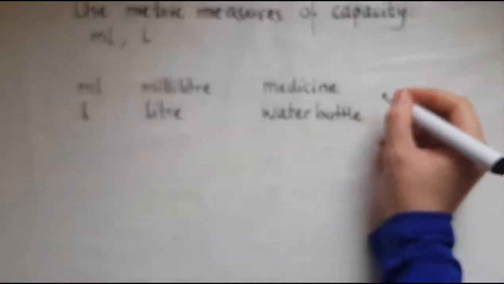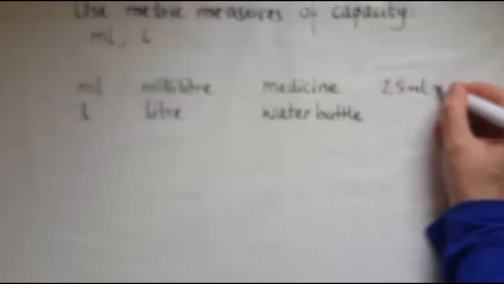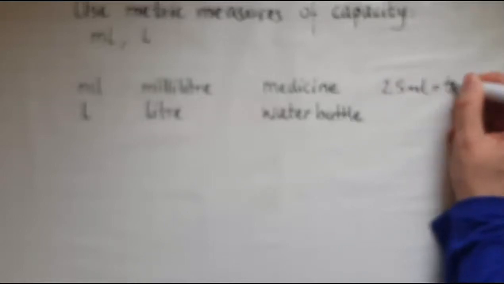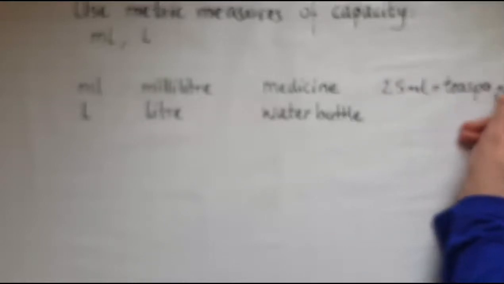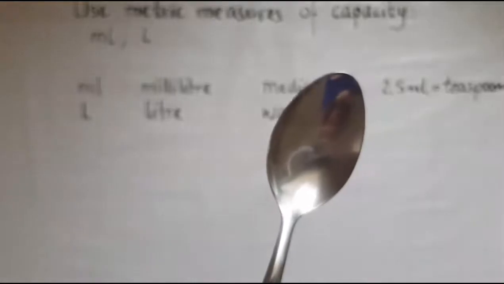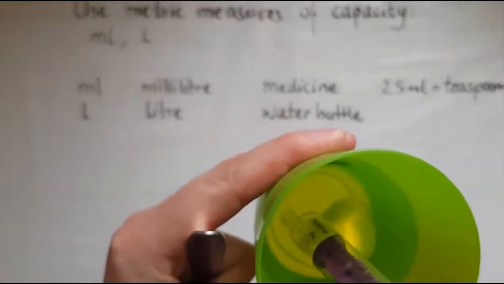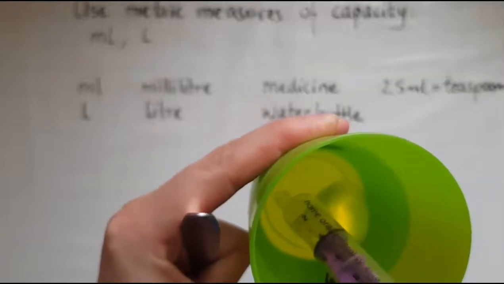So medicine, 2.5 ml is 1 teaspoon. Whereas a tablespoon like this will be filled with about 5 milliliters. So let's try that out. I will fill this with 5 ml.